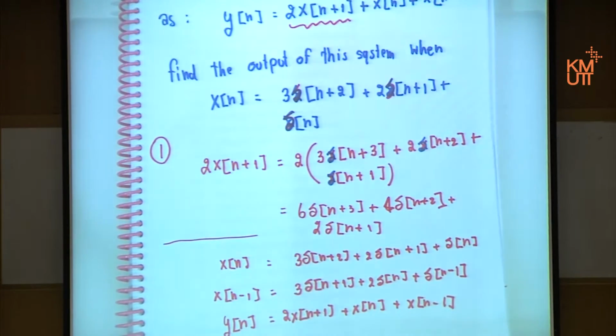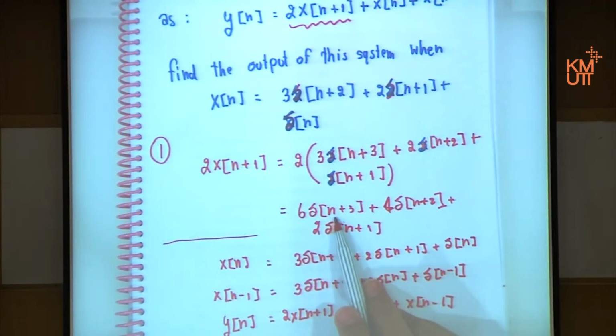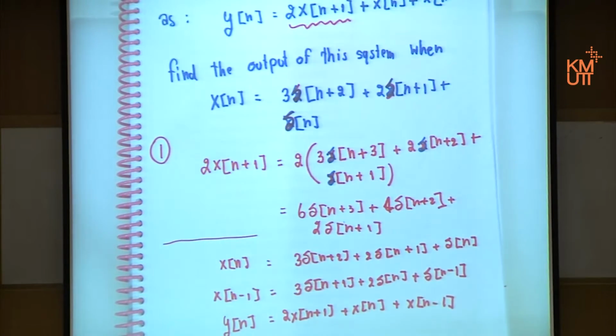Or you can look at the index inside the parenthesis here and sum the values that have the same index. For example, for δ[n+3], we have only one place, only this one.